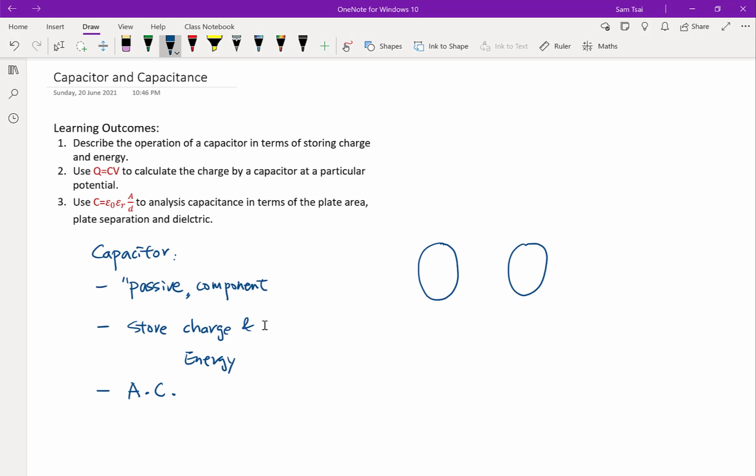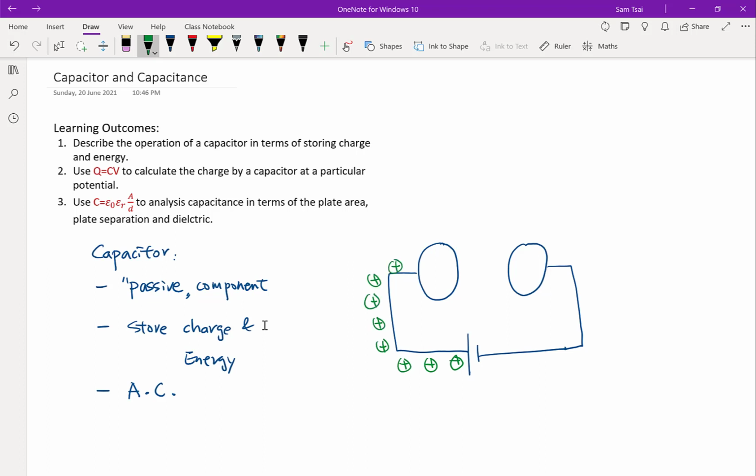Okay, and what does it mean? So we put the two conductors here, and we connect them with a battery. And from the basic conventional current view, we know positive charge is flowing out from the positive side of the battery.